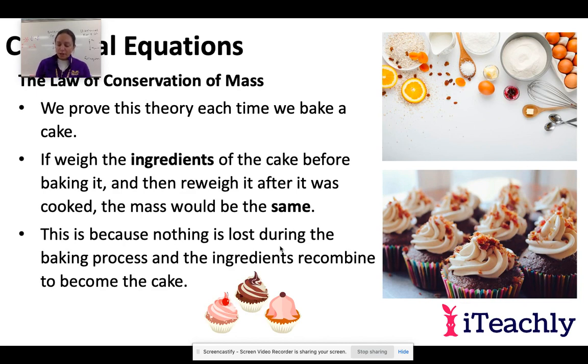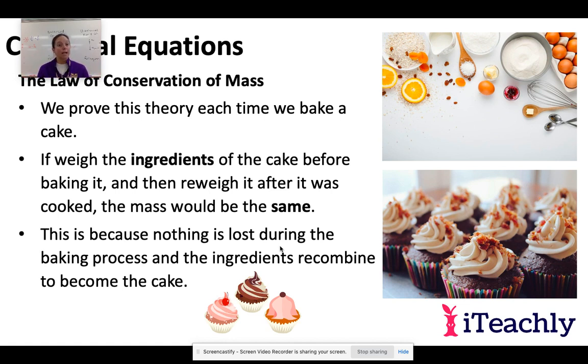So there've been some experiments to prove this. If you weighed all the ingredients that you had before you baked your cake, and then weigh your product, the cake, they're going to weigh the exact same.